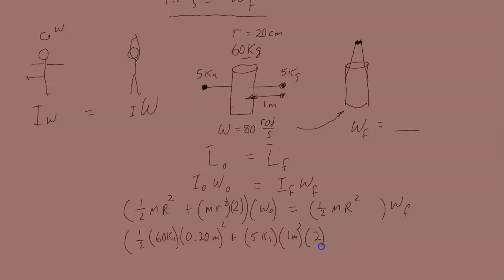We got 2 of them. And then on the right hand side, we have 1/2 the mass of the torso, 60 kilograms, times the radius, 0.2 meters, squared. We're taking that whole thing and multiplying by the final angular velocity.